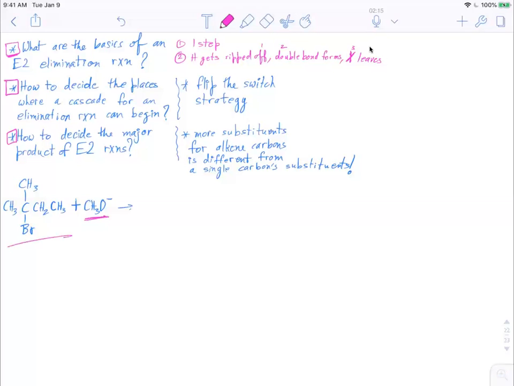So given this molecule right here, where should the attack occur? Well, first of all, the attack should happen somewhere related to the carbon with the bromine, right? So it should happen on this carbon. Now, this carbon does not have a hydrogen, so the attack can take place to the left or right of it.